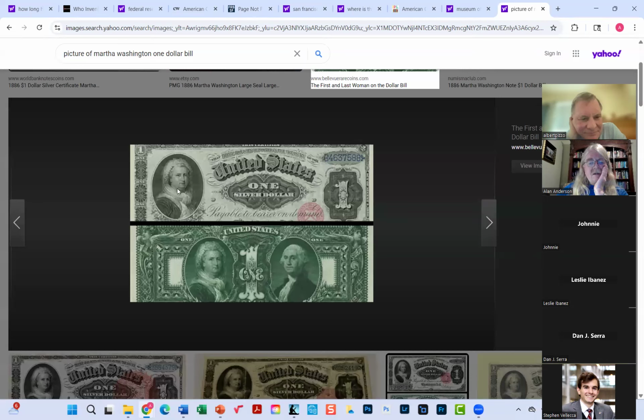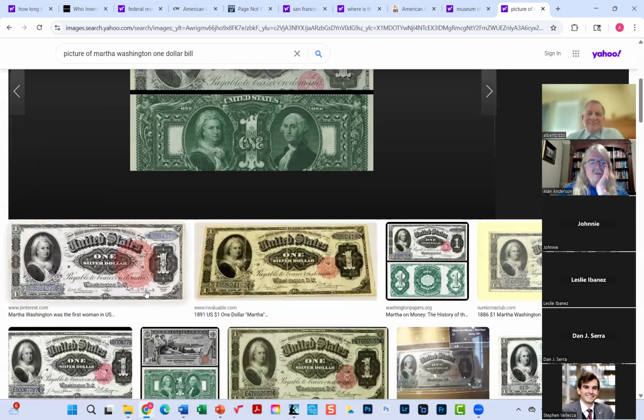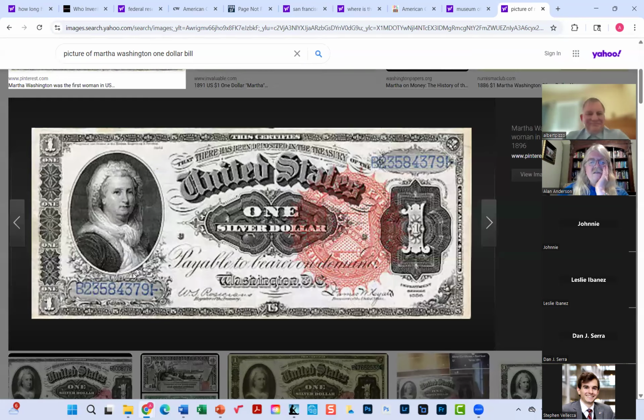This is the only time in American history that a woman has ever appeared on US paper money, by the way. There have been women on coins, but this is the first and last time a woman appeared on an American note. So that's an interesting historical feature too, not just that it's a silver certificate, but that it's Martha Washington.